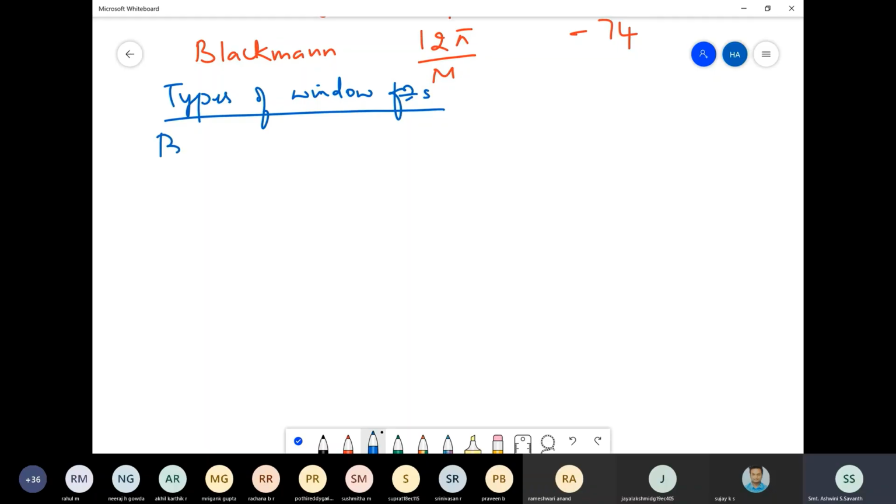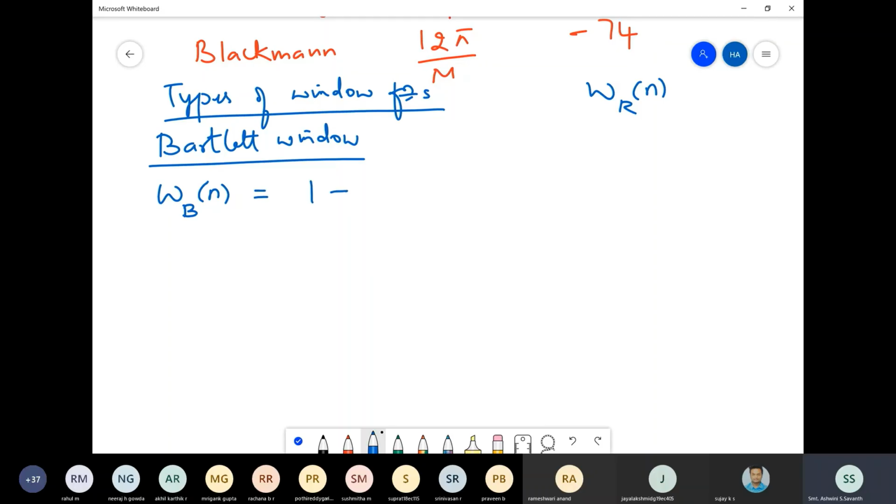Let's go ahead with the Bartlett window. The Bartlett window is denoted as w_B of n.